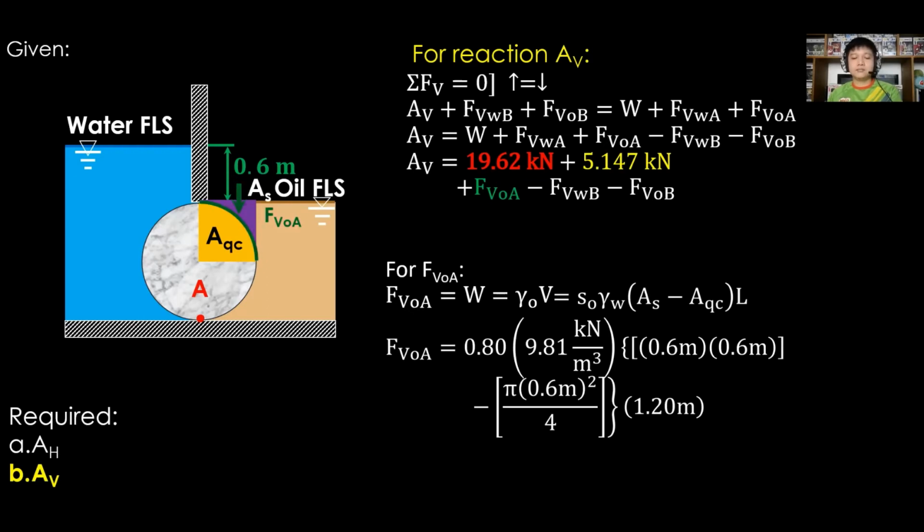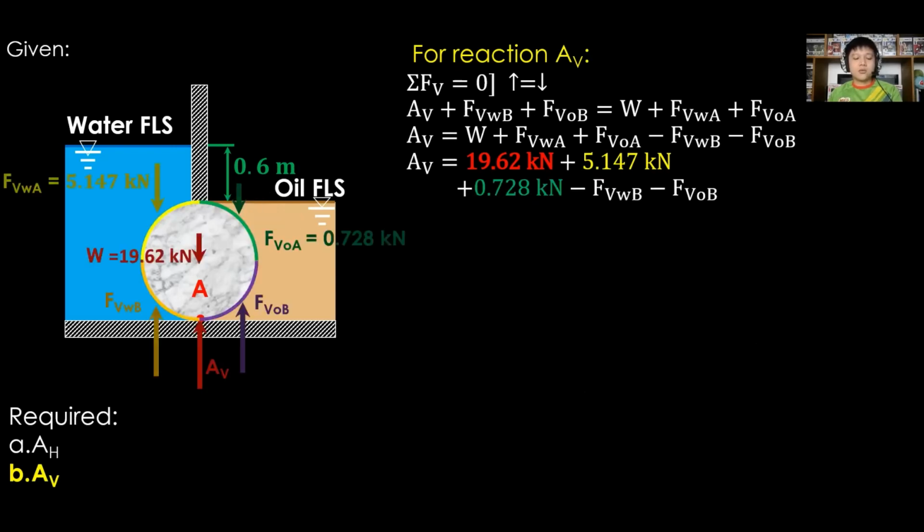And the length of the cylinder as 1.2 meter. Thus, F sub VOA is 0.728 kilonewton downward. Update the equation with the value of F sub VOA.